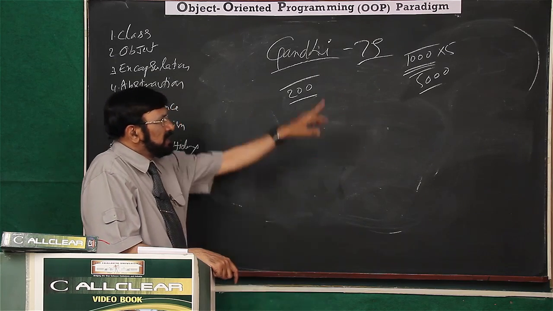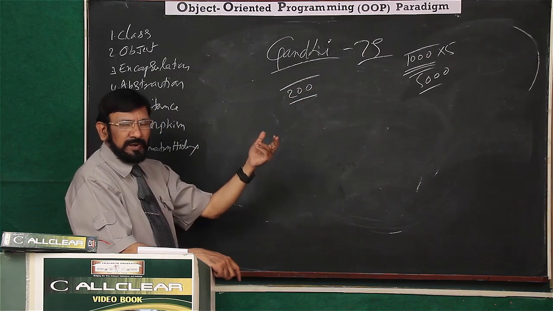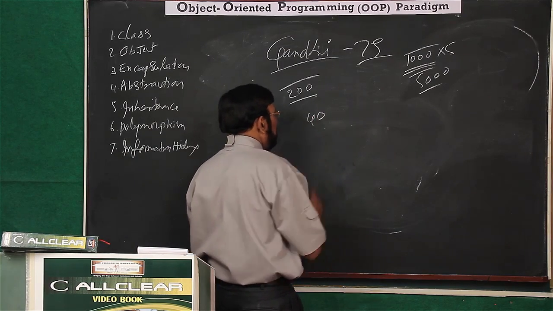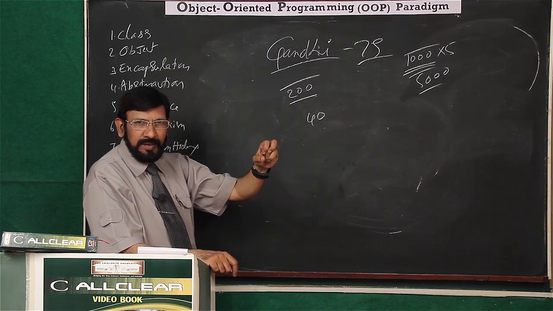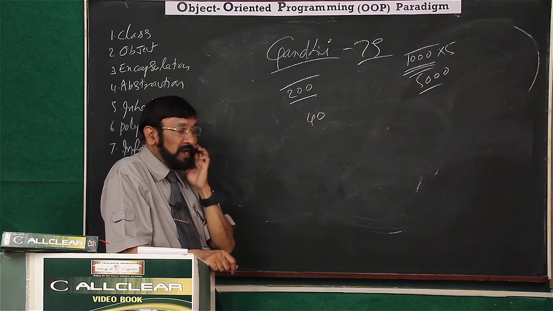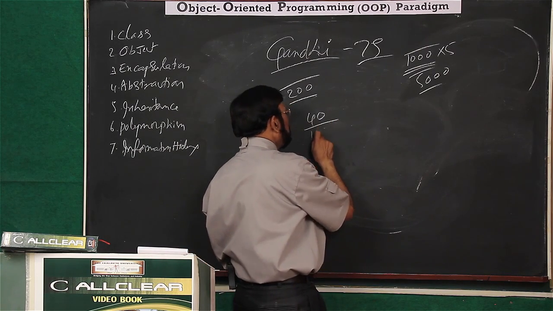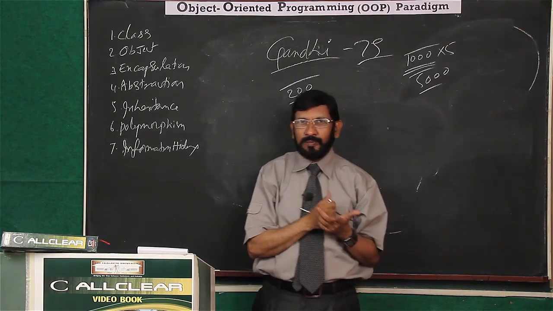For this purpose, he didn't take all the 1000 events. Out of that, maximum he has taken 30, 40. Let us take 40 events from his life. Look at the essential, ignore the rest. Out of 1000, he has taken only 40, 4% of the things.